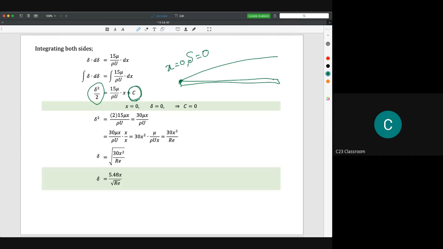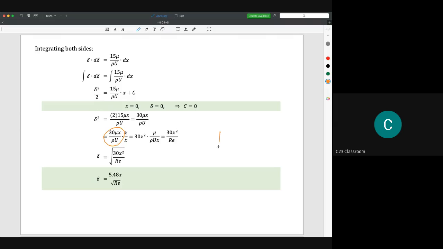Now we rearrange, because the term here is delta square over 2. We make it delta square, and then we could calculate delta, and you get the final answer: delta is equal to 5.48x over square root Reynolds number. At this stage, you need to do a trick to get the Reynolds number, because you found that your term is 30 mu x over rho u.